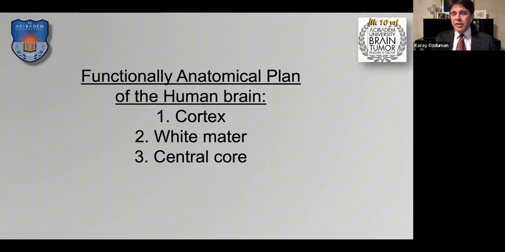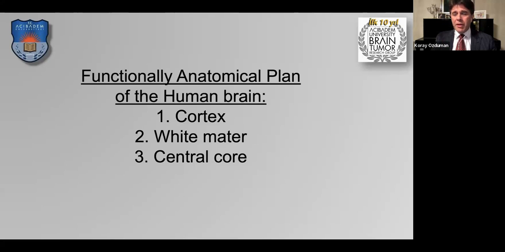The central core is an automatic machine. It does not compute long or complex functions. It does not have behavior. It does not have language. It does not have the detailed functions that we attribute to a human.